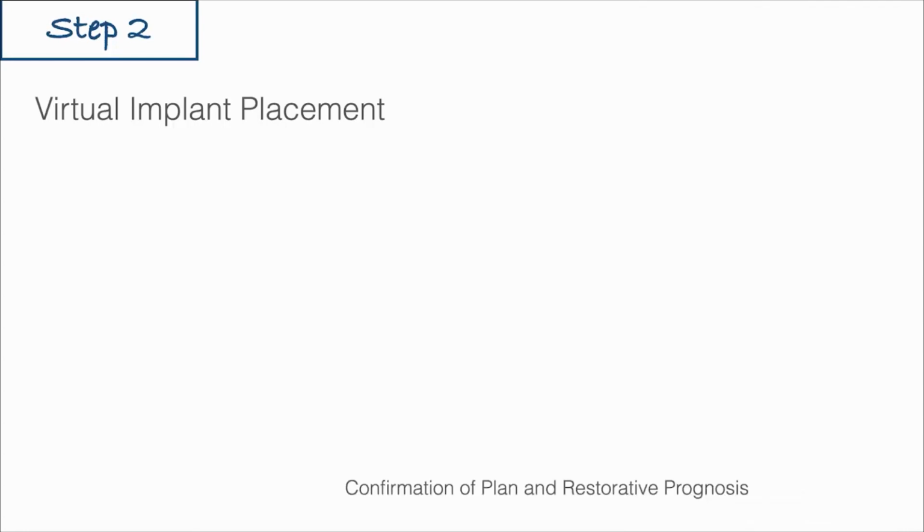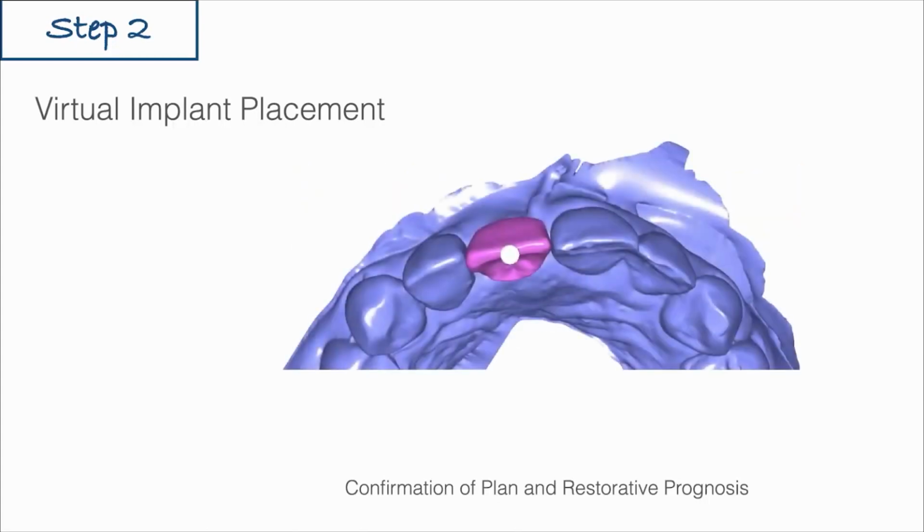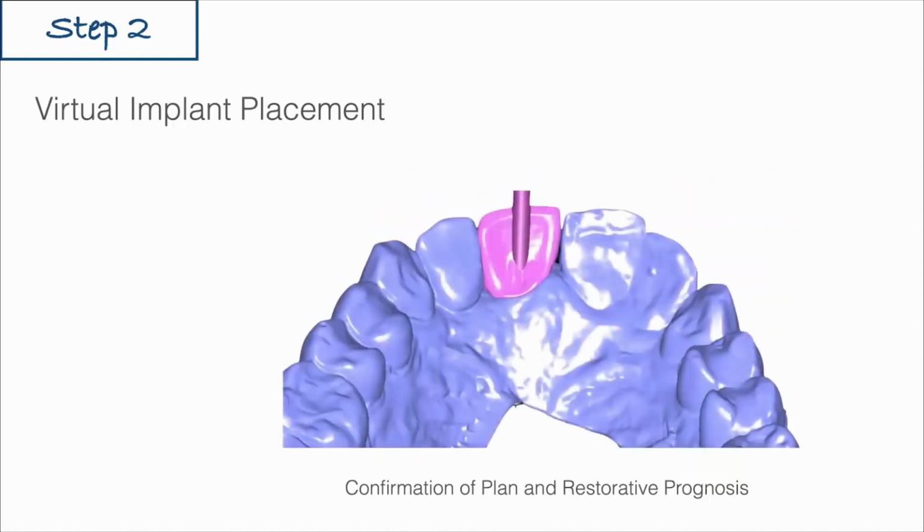And one thing I really like to do, which I'll show you, is get a 3-dimensional perspective as I'm planning these cases of, based on the implant position, what does the emergence profile look like, right? And I find as a periodontist that when I'm communicating with my referring dentists, being able to send them images like this so that they have a really good idea of restorative prognosis really makes the communication process much, much more valuable.